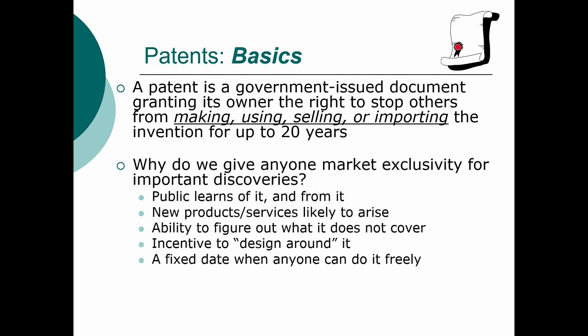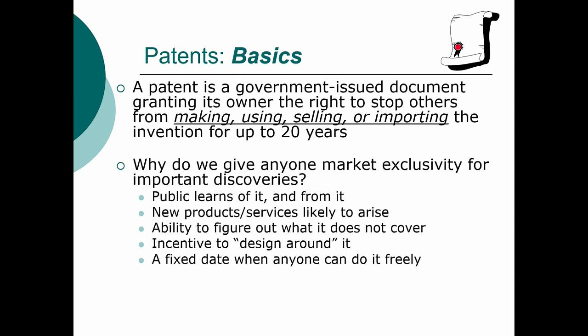By having this patent out there, we encourage the patent owner to make new products. We figure out, if you're a competitor, does my product infringe this patent? You can look at the claims and say, yes, this is covered by that patent, or no, this is actually a different kind of technology, even though it looks similar. It also provides what patent lawyers call the incentive to design around.